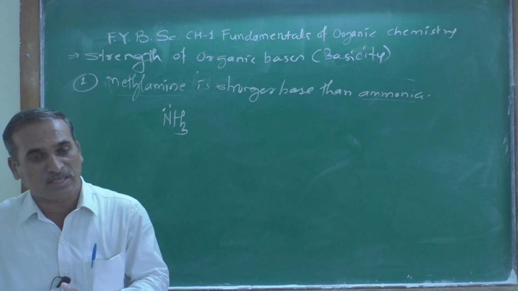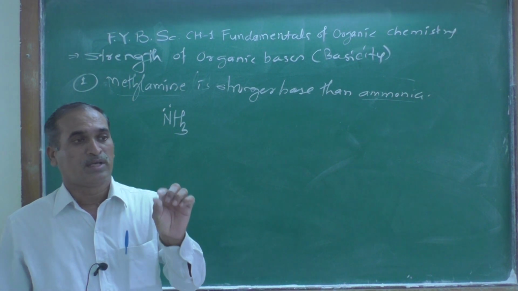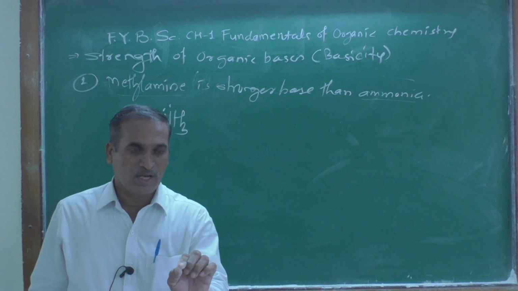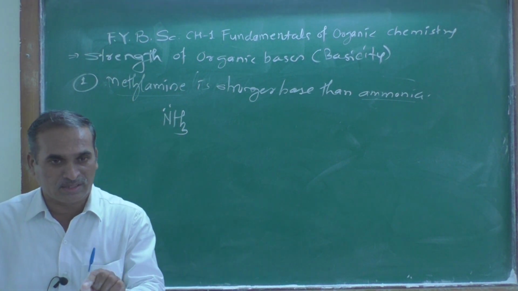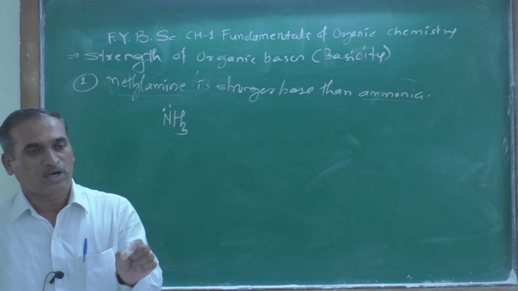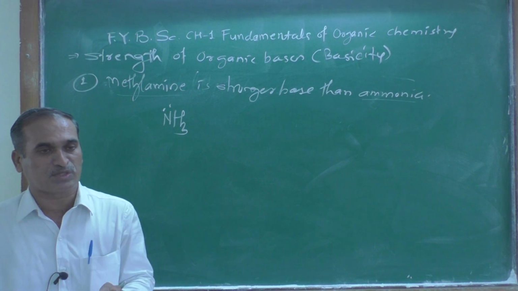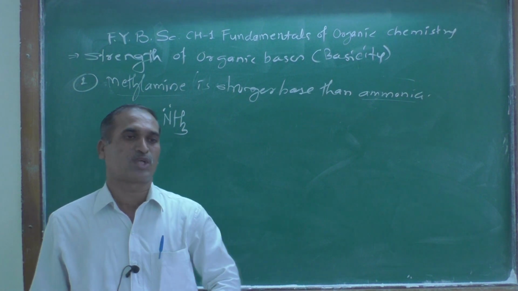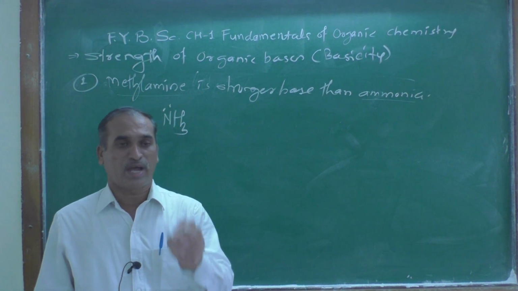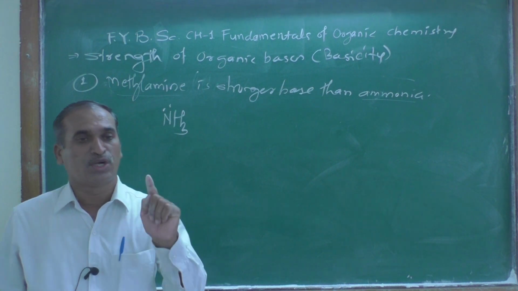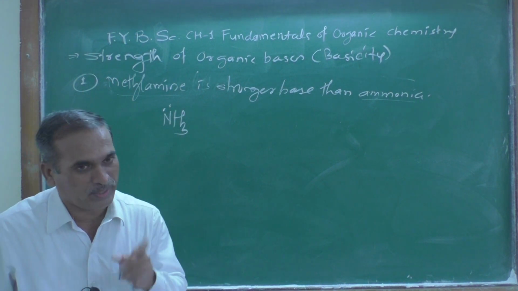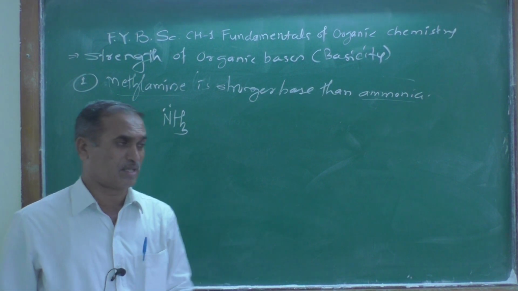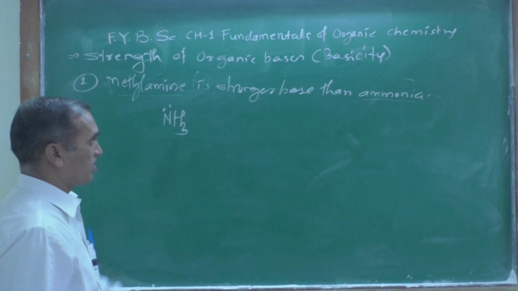Why are they basic in nature? Because the nitrogen atom contains a lone pair of electrons, and according to Lewis theory, a Lewis base is a substance which can donate a lone pair of electrons. Therefore nitrogen has a tendency to donate the lone pair, and therefore it acts as a base, so ammonia is basic in nature.